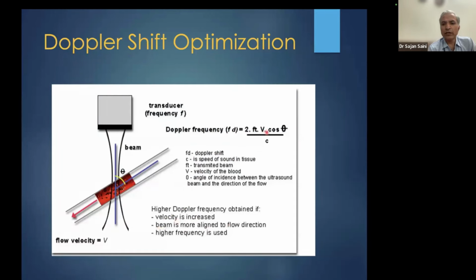If the beam is more aligned, so the angle is more towards 0, the cos theta value is more towards 1, and the Doppler shift is maximum. The other option is to use a higher transmitted frequency, because the Doppler shift is directly proportional to the transmitted frequency, and the speed of sound is constant. Thus, there are only 3 ways to improve that, and the best way is to reduce the cos theta angle.